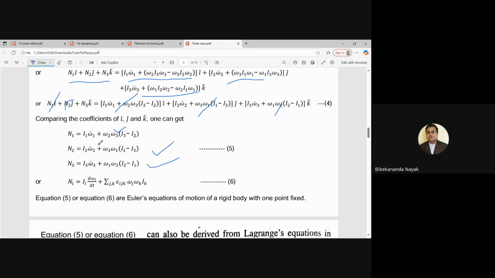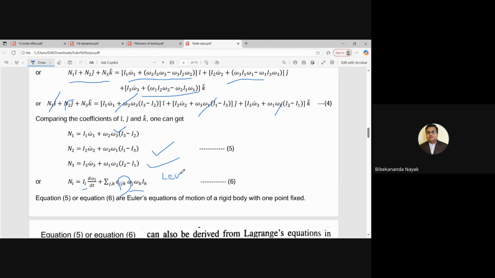So the general formula will be N_i equals I_i d omega_i/dt plus sum over j,k of epsilon_ijk omega_j omega_k I_k. Epsilon ijk is known as the Levi-Civita symbol. If two indices are the same, then it will be 0.